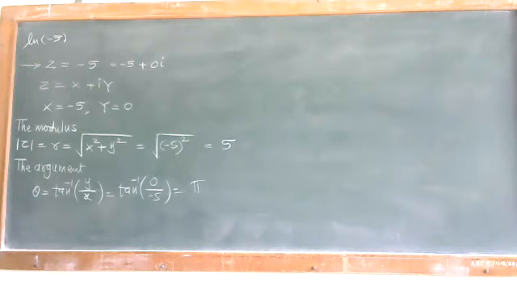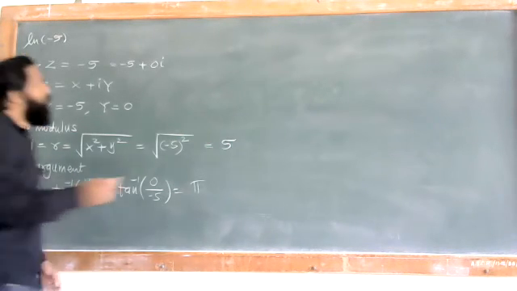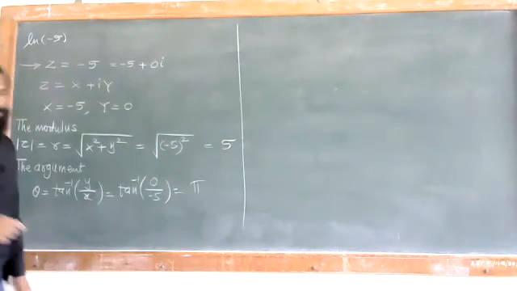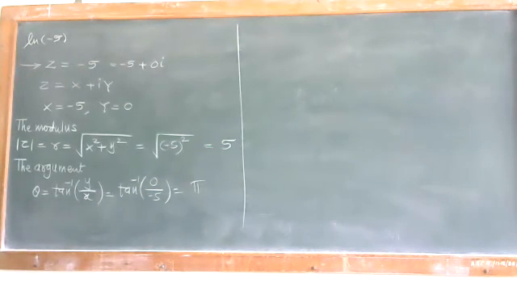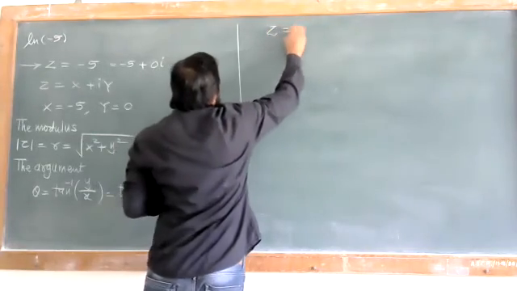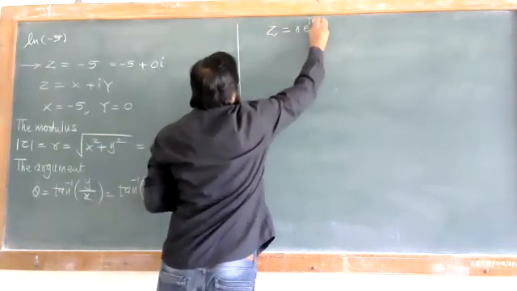So we can write the exponential or polar form of a complex number, z is equal to r e raised to i theta.